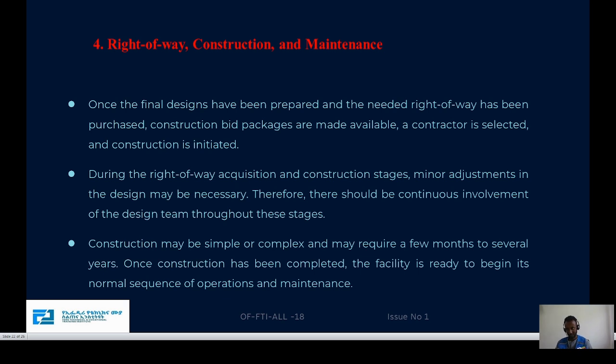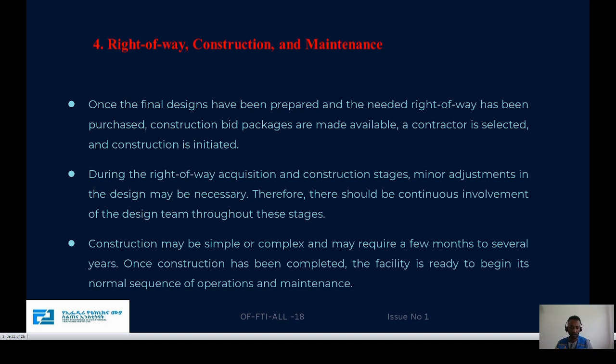Design that additional lane needs additional land, so this needs right of way purchases. Right of way is very important. After the right of way is clear, the construction part starts: the construction bid packages, the contractor is selected, and construction is initiated.